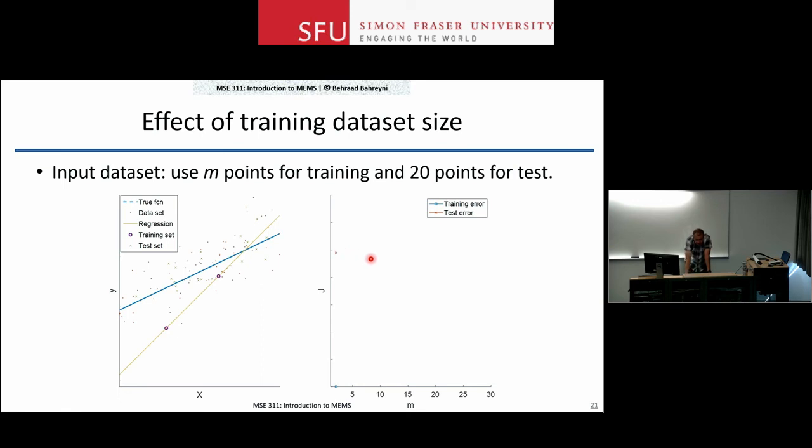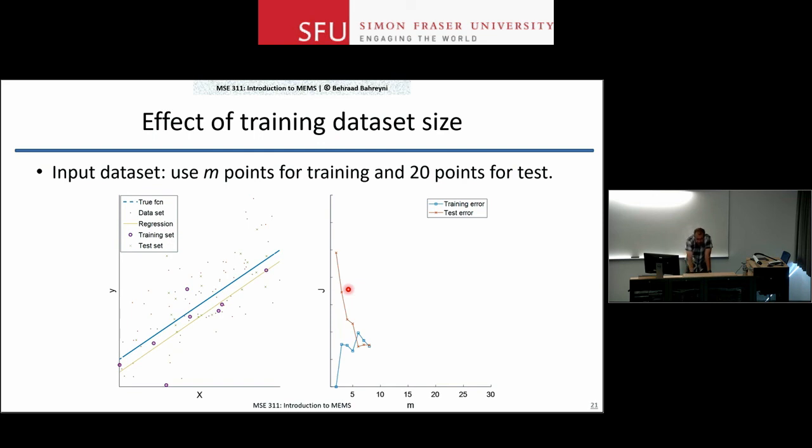So if I increase the number of samples to, let's say, 3, all of a sudden, just by adding 1 additional sample, you can see that I get a line that looks much better, closer to the original line. My training error, unfortunately, shoots up, right? Because all of a sudden, my line doesn't go through any of my training data points. But look at what happened to the test error. It's also a little bit high.